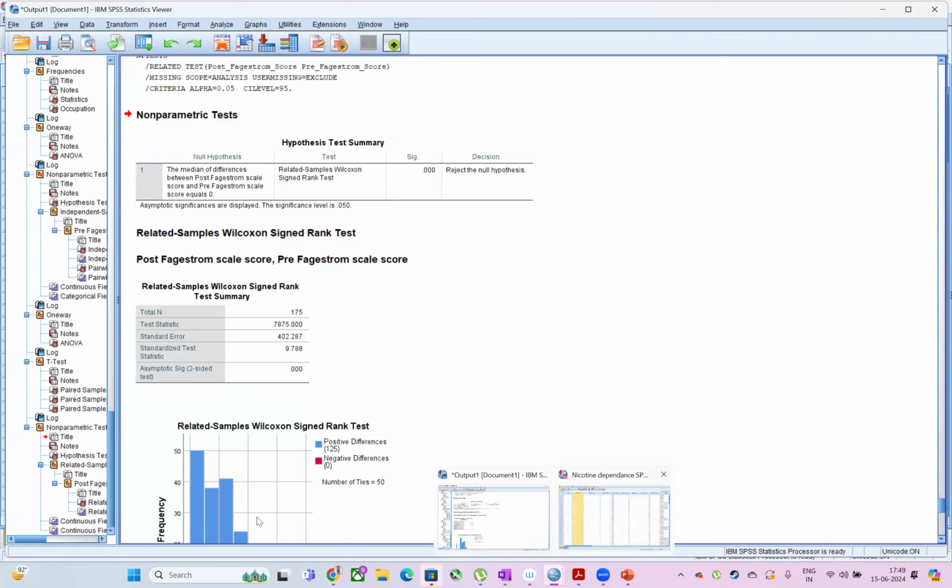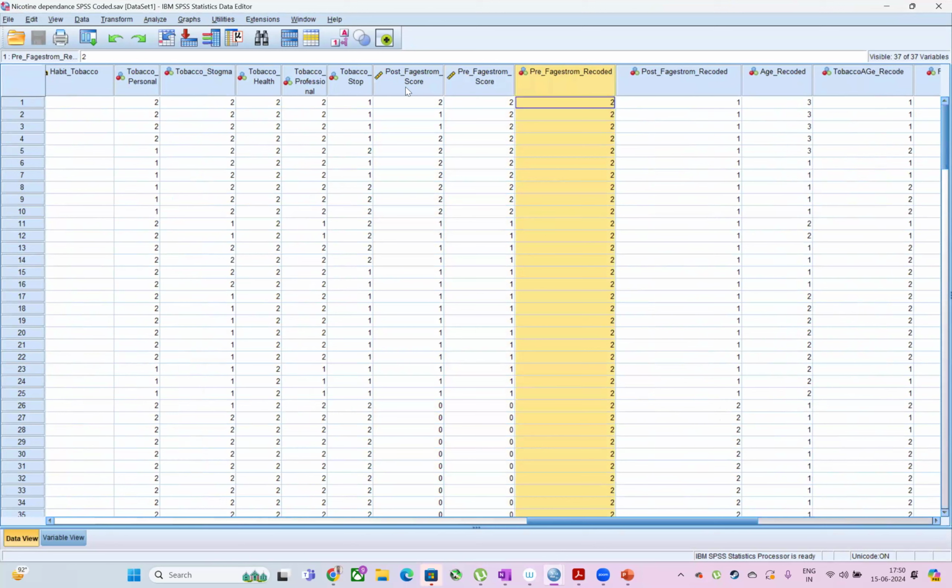Now again, if you see over here, you have the nicotine dependence score before intervention and after intervention. Before intervention, I have categorized them into having dependence or no dependence. After giving the intervention, I have categorized them into dependence and no dependence.